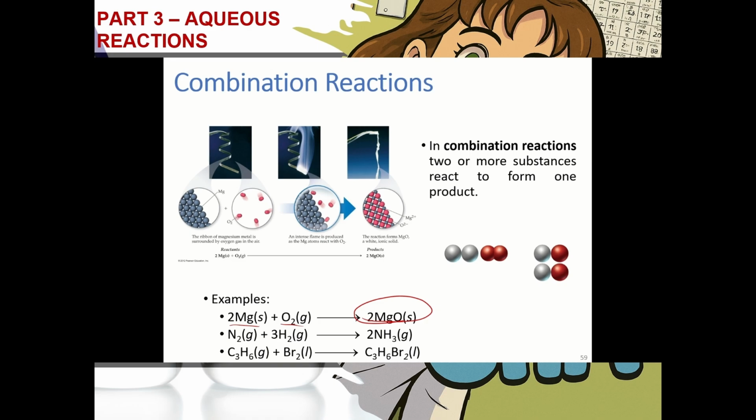So when you have two or more substances that put together and form just one molecule, like you see with the MgO over there, we have a combination reaction. The MgO is the magnesium oxide. So if you're not good on naming and nomenclature, please review the previous class.